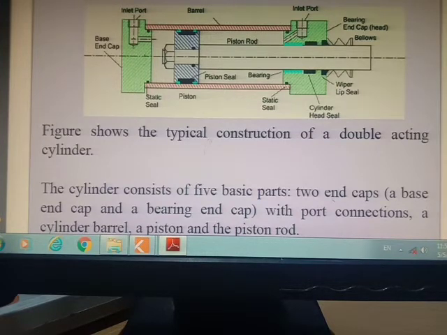And for this purpose there is one arrangement provided in the double acting hydraulic cylinder. And what is that arrangement? Then we will see that.